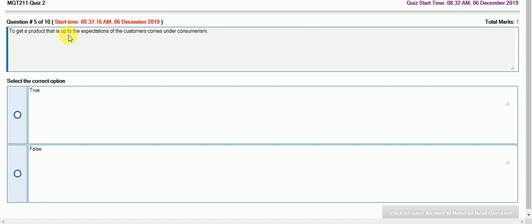To get a product that is up to the expectations of the customers comes under consumerism.